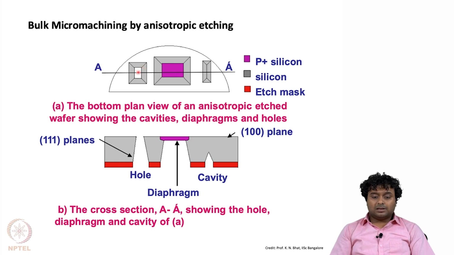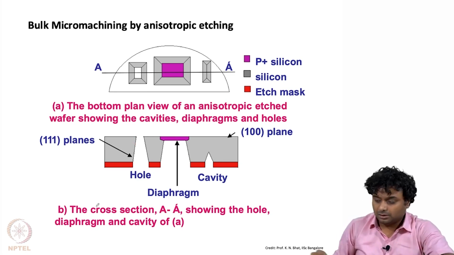Now in this case, the cross sectional view is drawn in the bottom figure here. You can see this is the cross sectional view of the same geometries. This red side is the masking layer, and we have etched the silicon with KOH from this direction, from the bottom, and then this is the hole opening and this is the bottom hole.